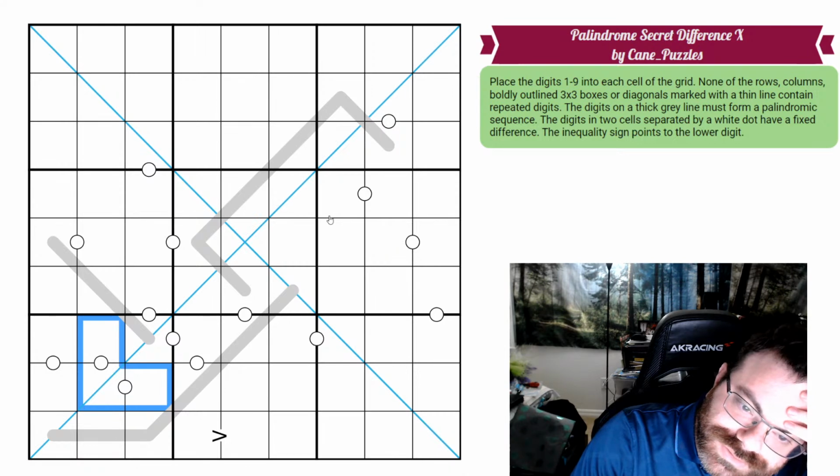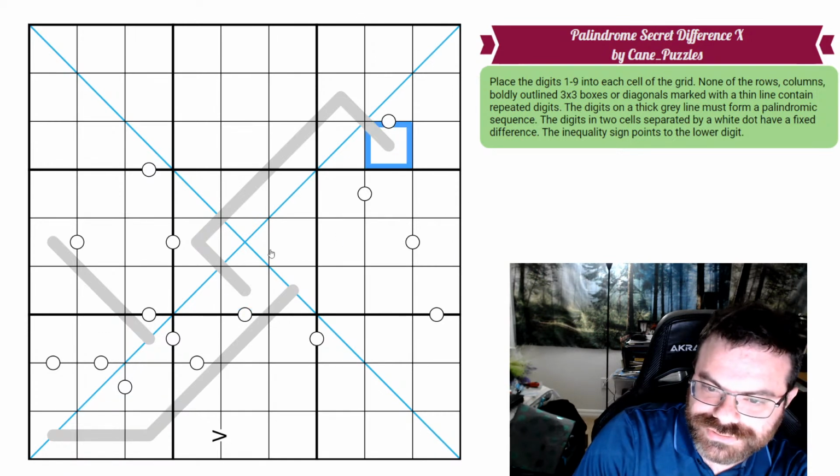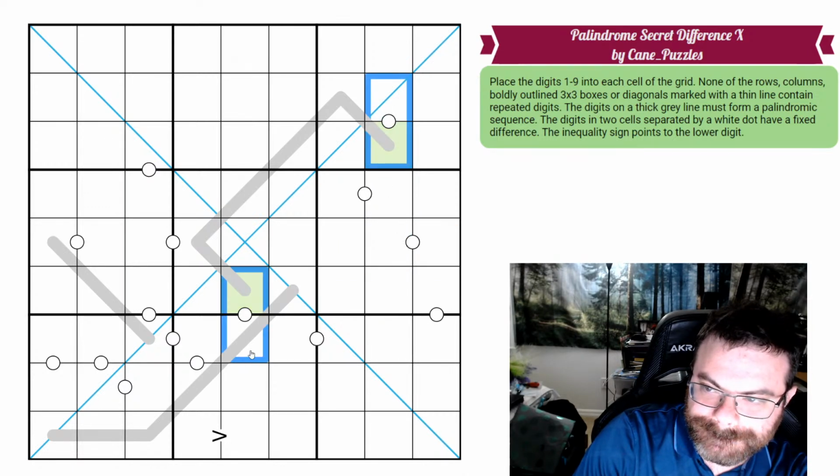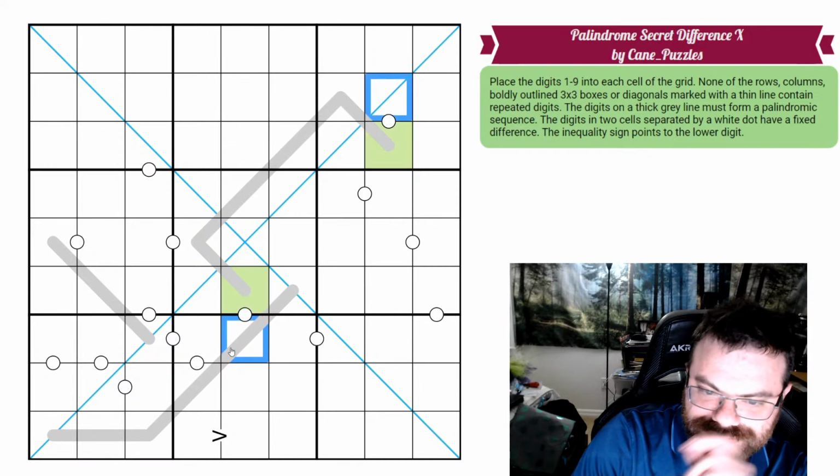So what do we do to get started here? Palindromes look like they might be key. Should I start coloring? So both of these have a white dot. They aren't necessarily the same digit.